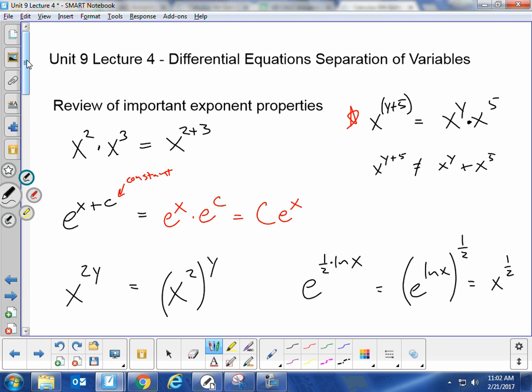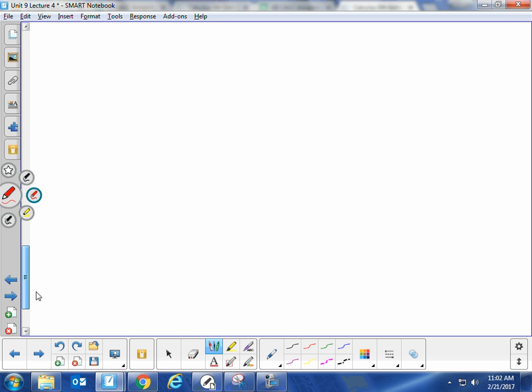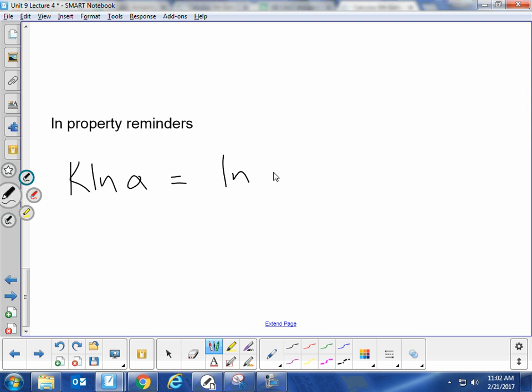Okay, that also kind of creates a log property that we can use. If I just looked at 1/2 log x, or something like k times the log of a, a property of logarithms says you can rewrite this as log of a to the k. Why does this property exist? Because logs deal with exponents. It helps undo e to powers.